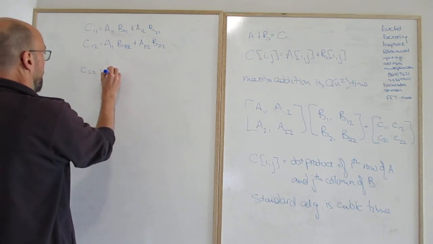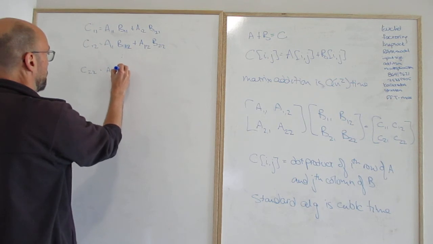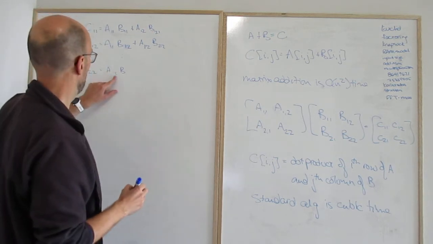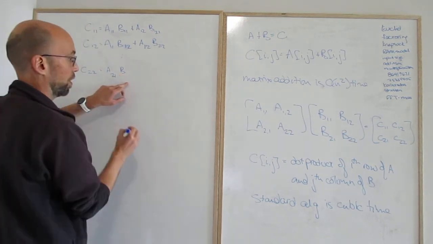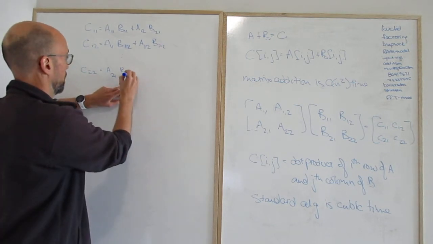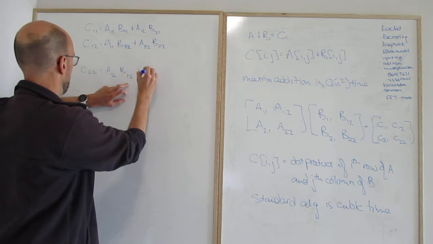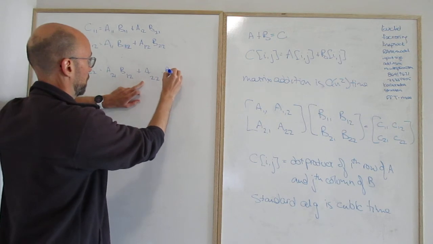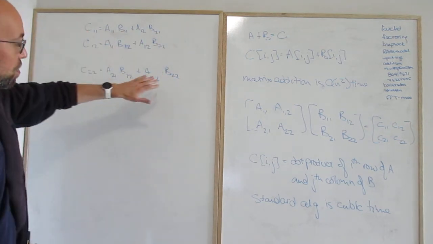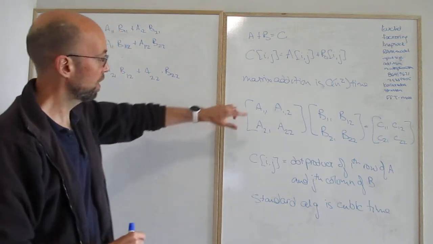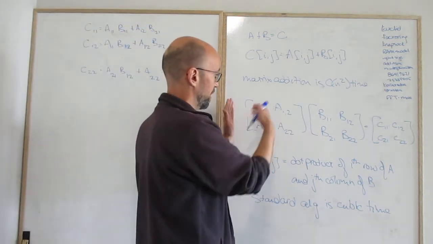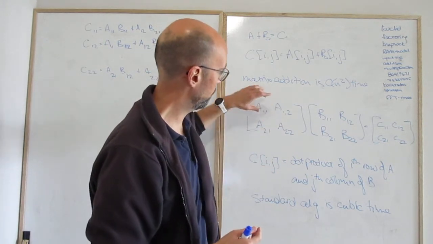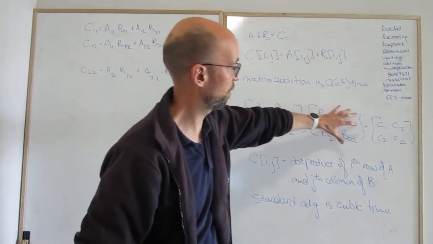Okay, so if you actually write this out, C22 equals A21 times B12 plus A22 times B22. So how many multiplications are we doing here? Each of these we can think of, if we have n by n matrices, where n is some nice power of 2, for example, to keep things simple, and we've chopped each matrix up into 4 submatrices.